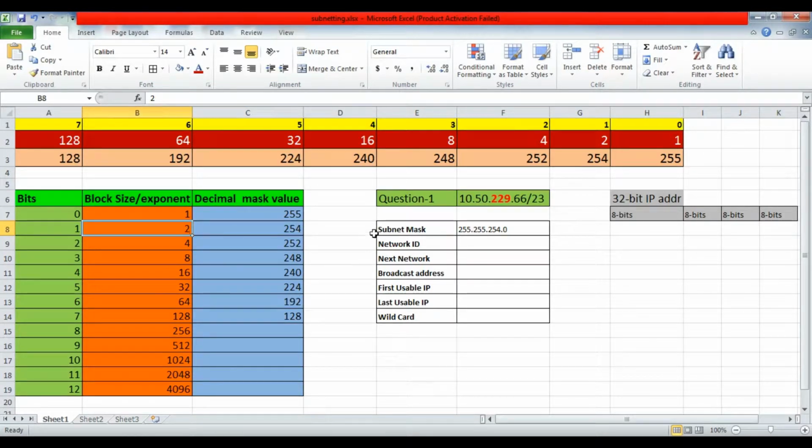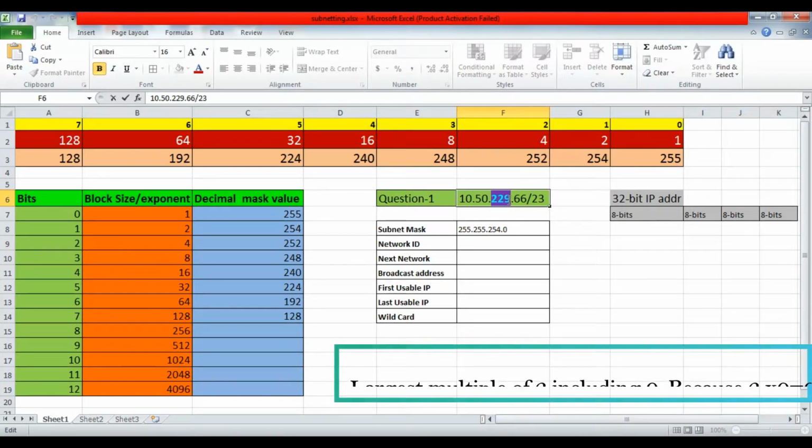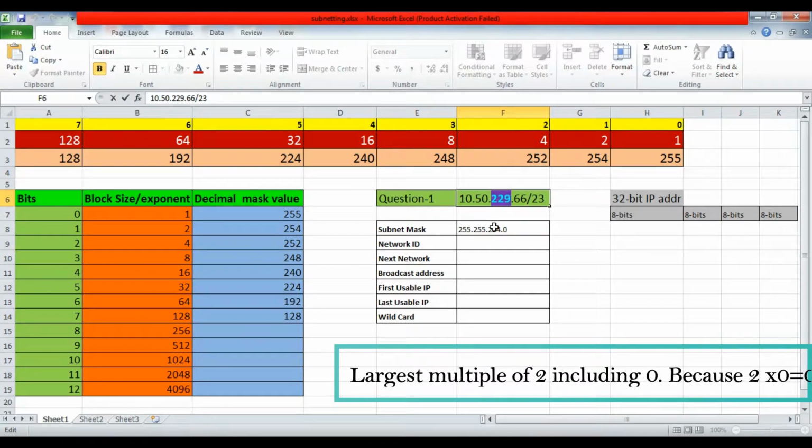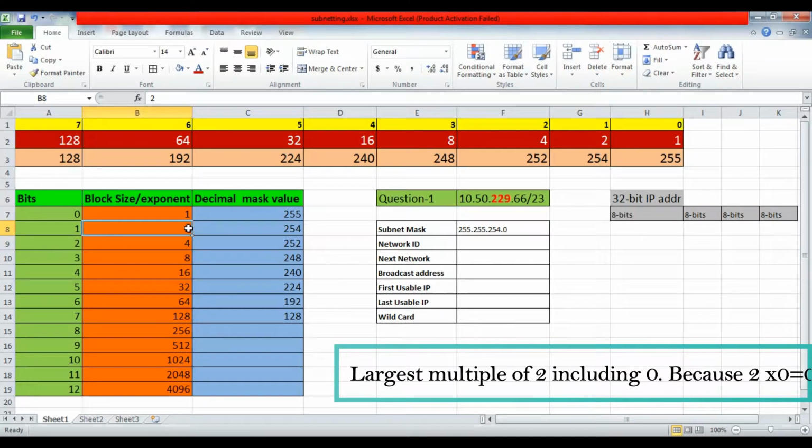This 2 means that our network ID will be the largest multiple of 2 which will not exceed 229. It is 228, the largest multiple of 2, because we have block size 2 here, the largest multiple of 2 that does not exceed 229.